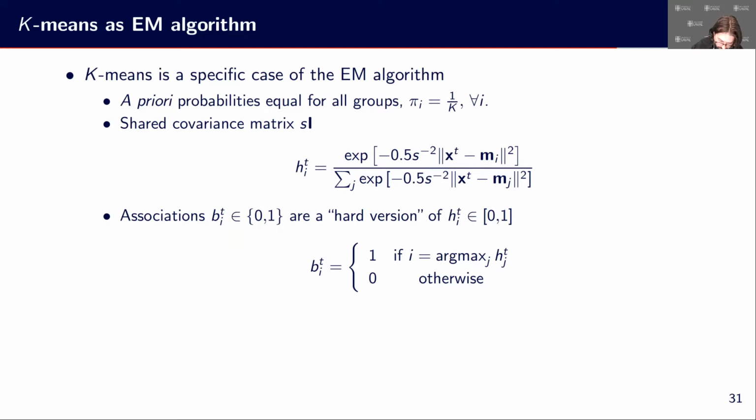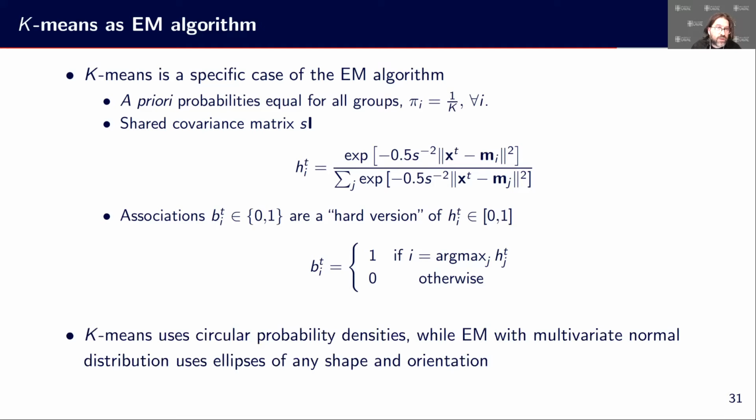So with these 3 simplifications, we can state that basically k-means is an EM applied on multivariate normal distribution, where we are making these 3 simplifications. So basically, k-means uses circular probability densities, while EM uses multivariate normal distribution with ellipses. So basically, any shape of covariance matrix leads us to any kind of shape of the probability density function associated to that group.